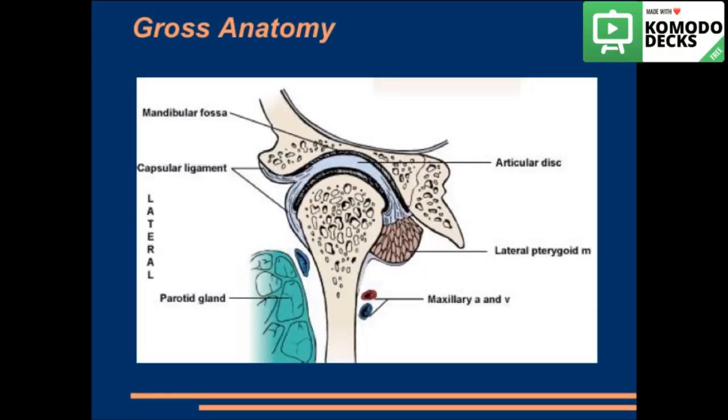So here we see the mandibular fossa and the head of the condyle articular surfaces, and the intra-articular disc, which is attached posteriorly to the capsular ligaments. We noted that the capsular ligaments are too weak to limit movement or provide any support.